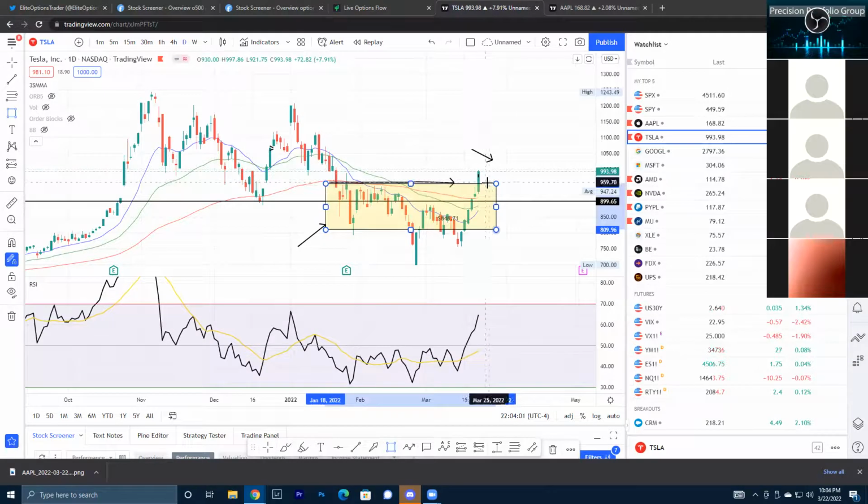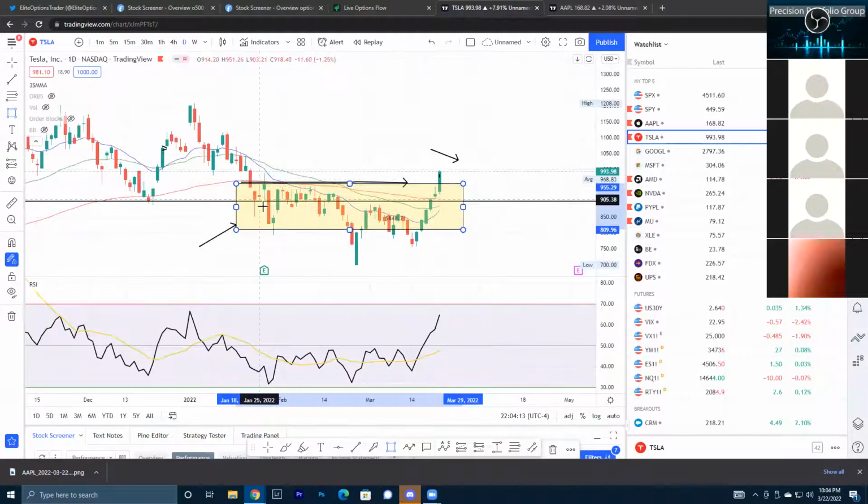Once another candlestick closes above, you're looking for Tesla to reach this high by next week, if it continues in this particular range. These were key levels that Tesla was sitting at for quite some time, and it finally broke today. Well, almost.